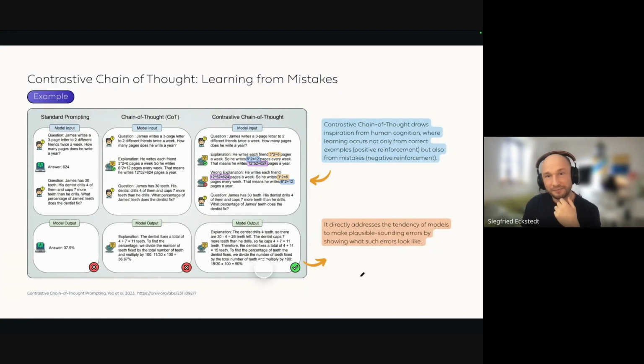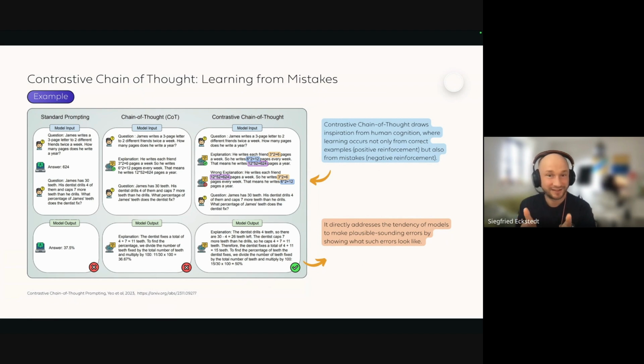Another method of chain of thought prompting is contrastive CoT, and it is the idea of learning from mistakes that we know from our own behavior. Actually, positive reinforcement is good, but negative reinforcement also helps. If I make a mistake with one thing, then I will surely understand that there were some shortcomings with it, or potentially even punishment, whatever.